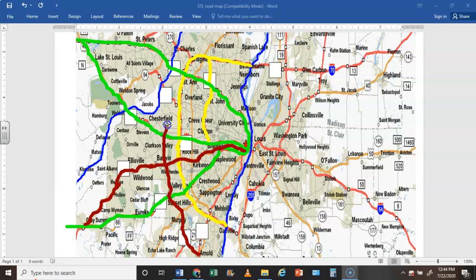Then from here, if you take it along Chesterfield and you basically continue up this way, we're going right by Creve Coeur Lake right now, and then we eventually dead end into Highway 70.